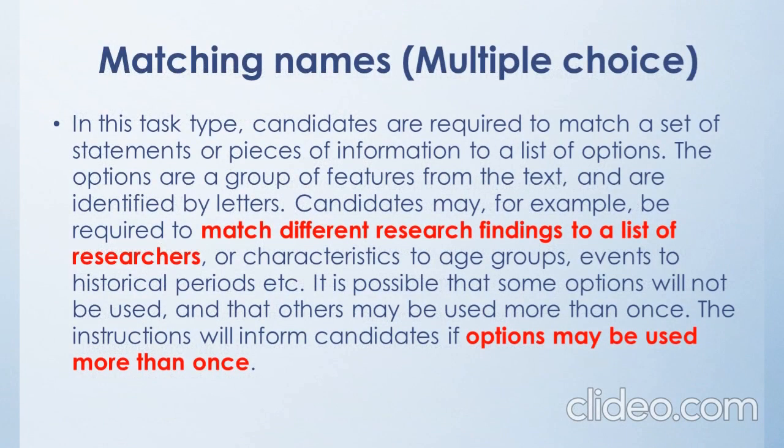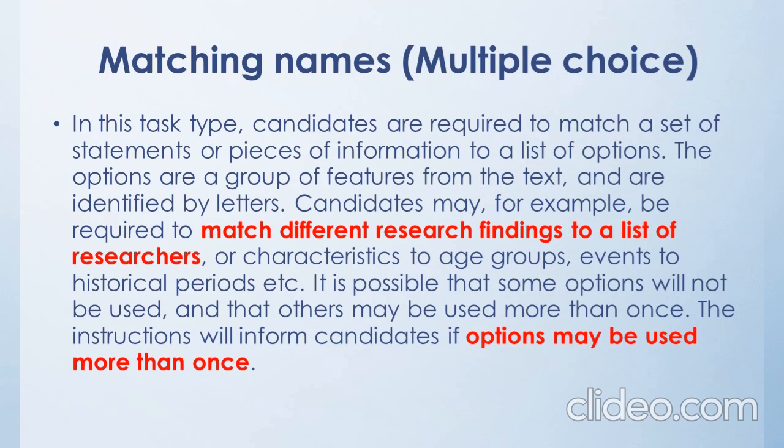And the last type for today is matching names. This is part of the multiple choice type. In this task, you are required to match a set of statements or pieces of information to a list of options. The options will be like A, B, C, right? In A, B, C, there might be the names of the researchers.